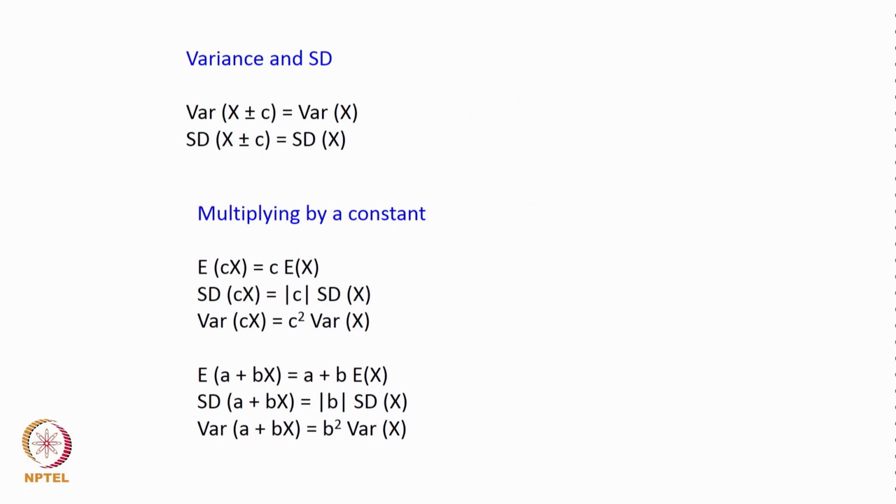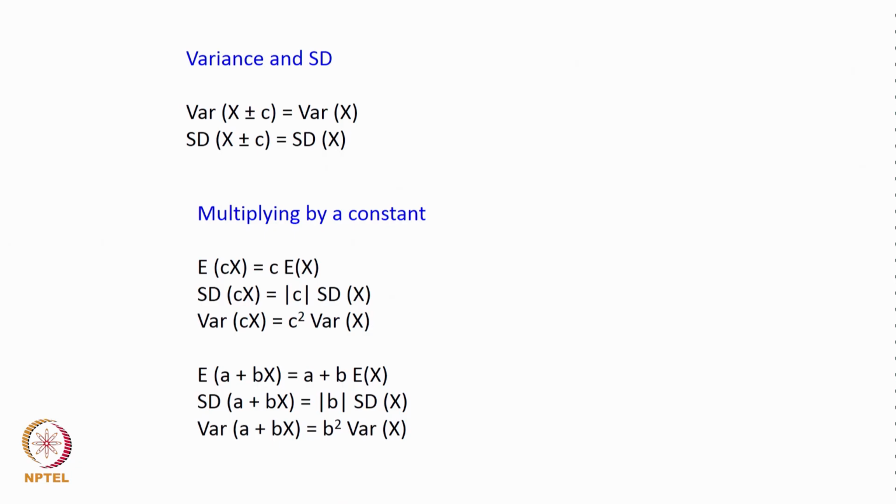Now, standard deviation of Cx is equal to the absolute value of c, because at times c can be negative, into standard deviation of x, and variance of Cx is equal to c square into variance of x. And since there is a square root involved, standard deviation has to be positive, therefore, we take the absolute value of c.